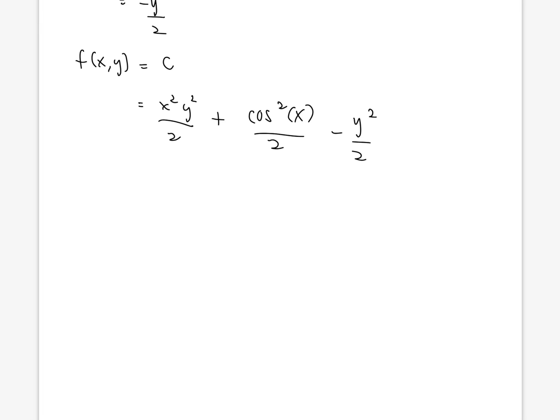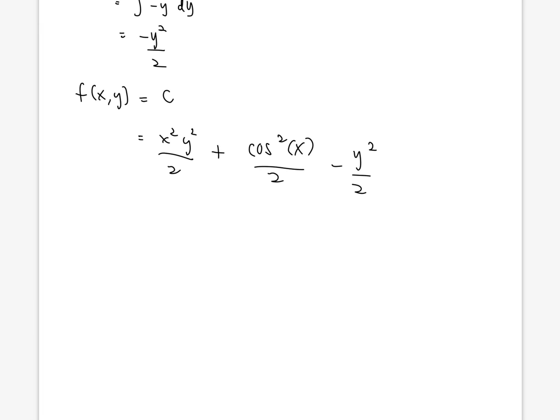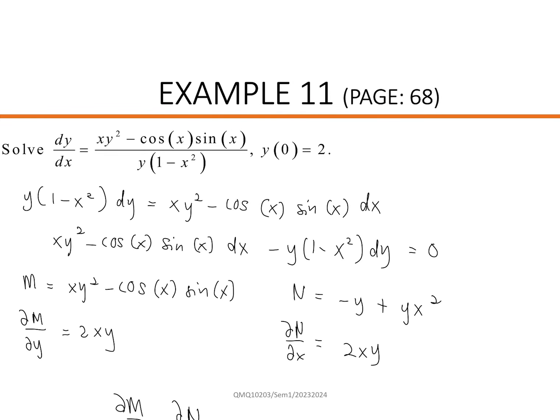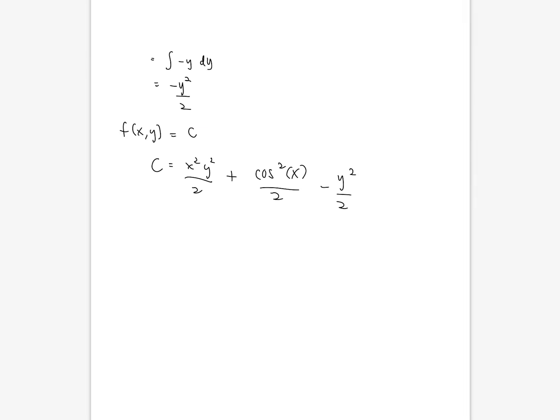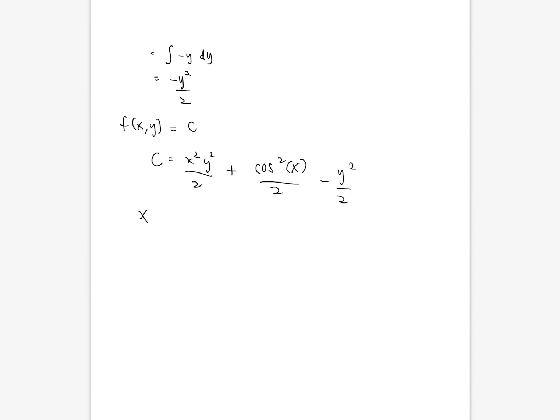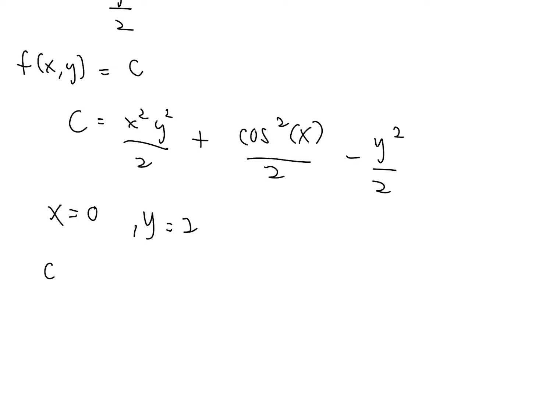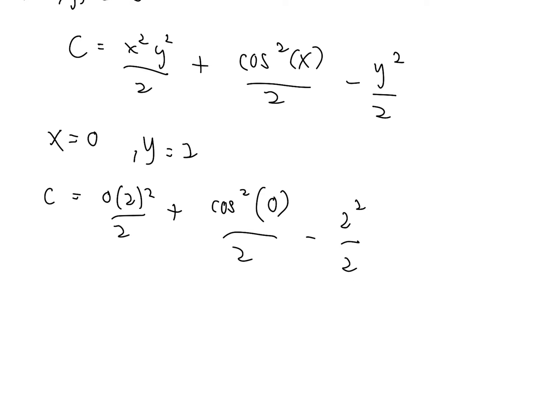And then don't forget, because this is equal to c, we also have a condition given: when x is 0, y equals 2. So to find the constant c, c equals x squared y squared over 2 with x 0 and y 2, plus cos squared 0 over 2 minus 2 squared over 2.